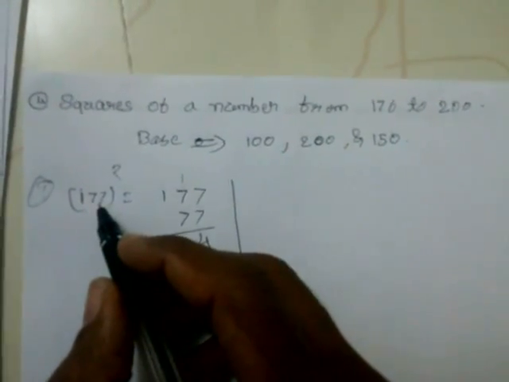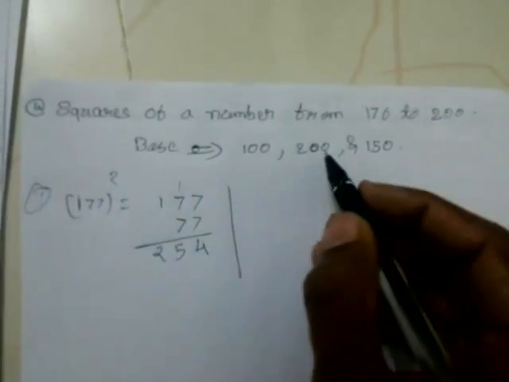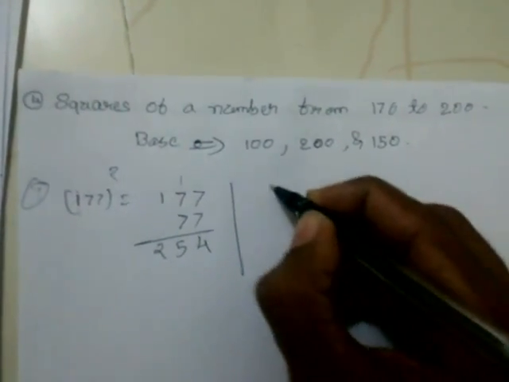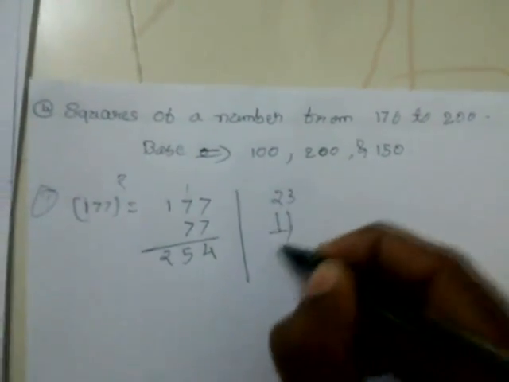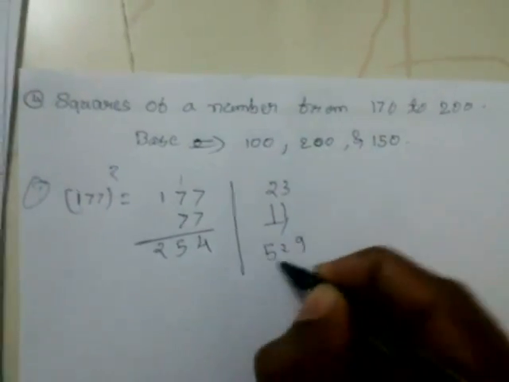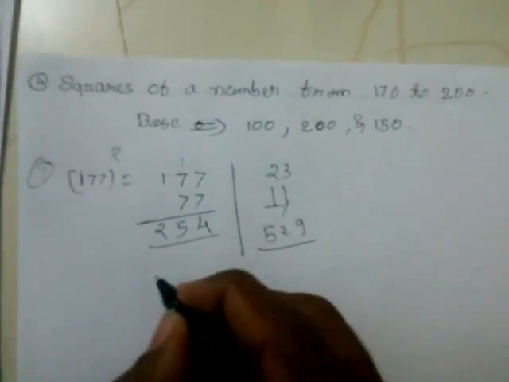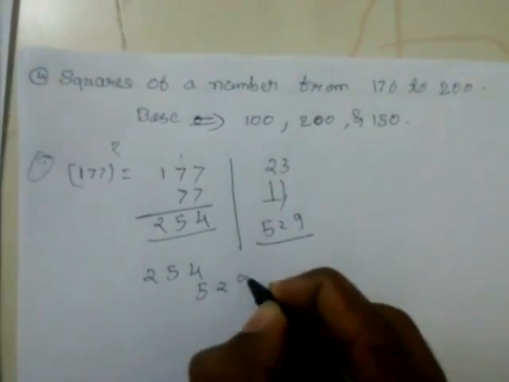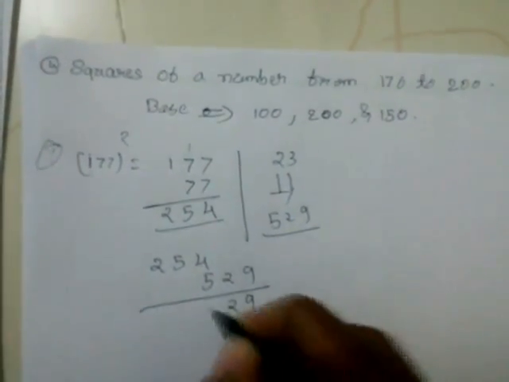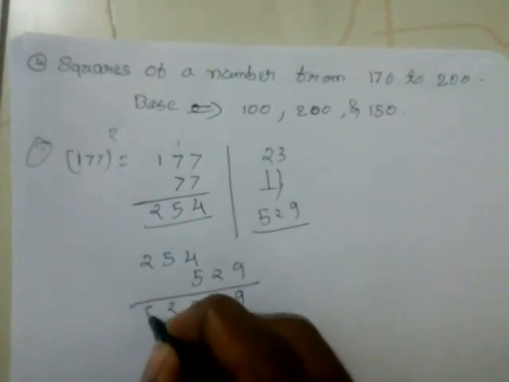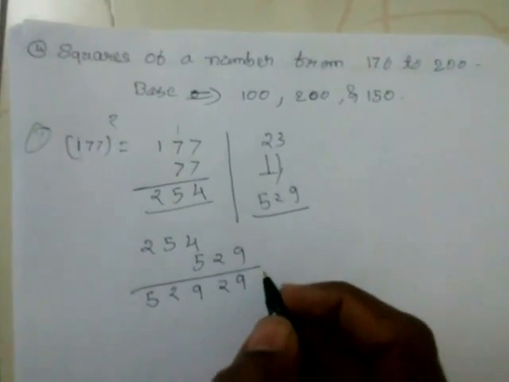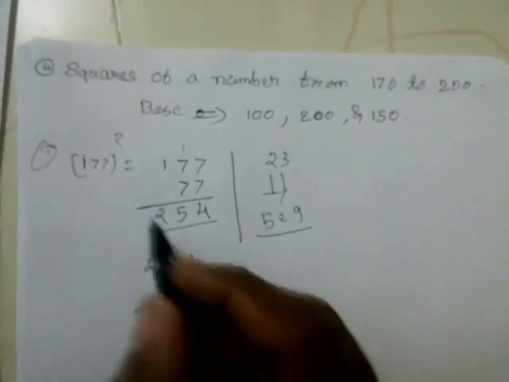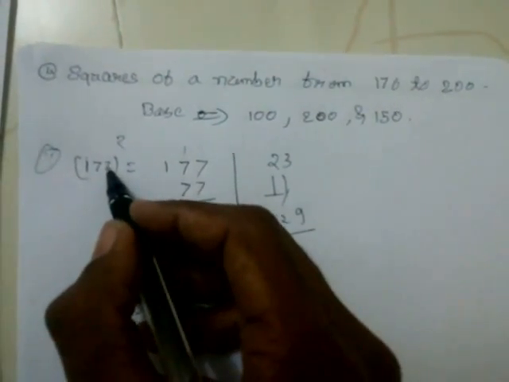Now in the second step the base will be 200, so the difference between 177 and 200 is 23, and the square of 23 is 529. Make the combination, it's 254, 529.